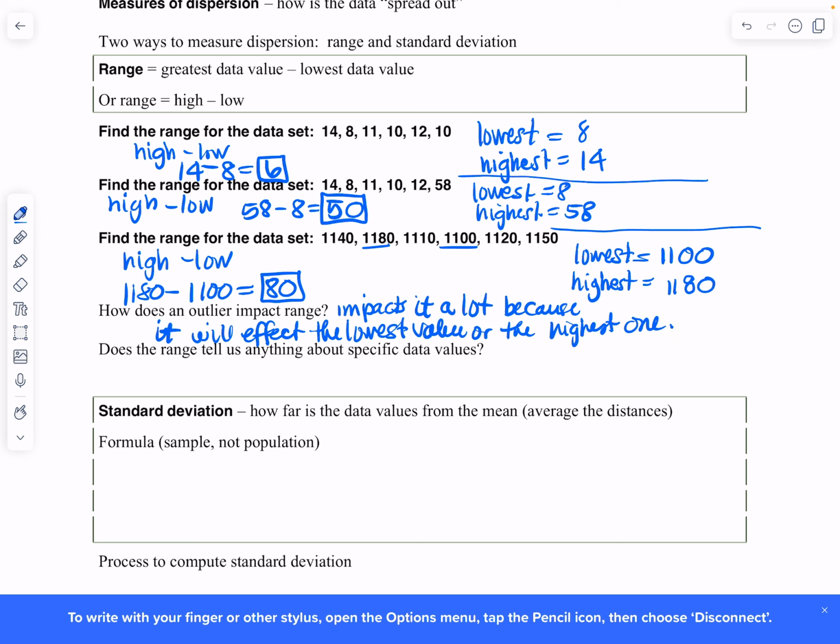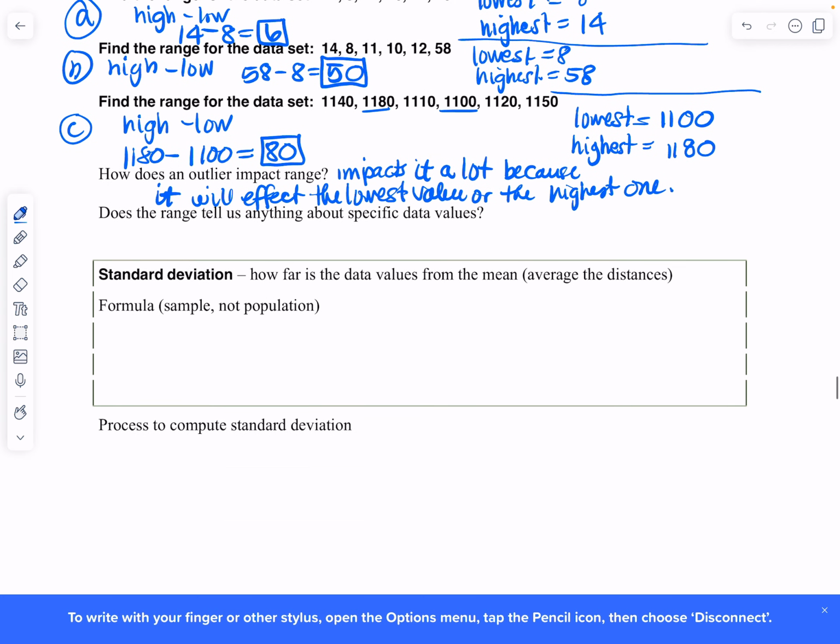If we look at the first example, I'm going to call that A, the range was only 6. But when I stuck in 58 in part B, it made the range be 50. So that's what they're talking about with an outlier. The outlier, 58 in example B, made the range much, much bigger.